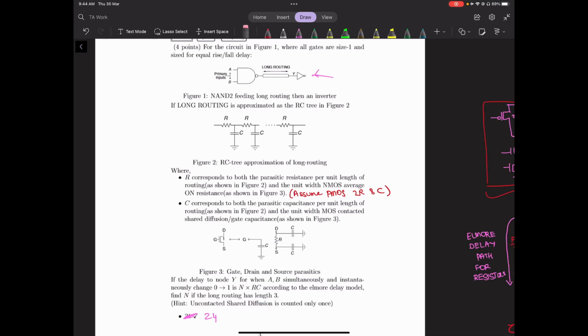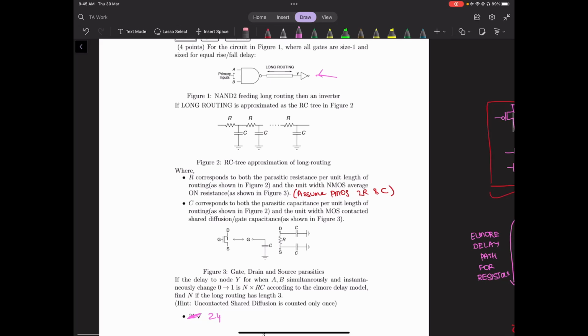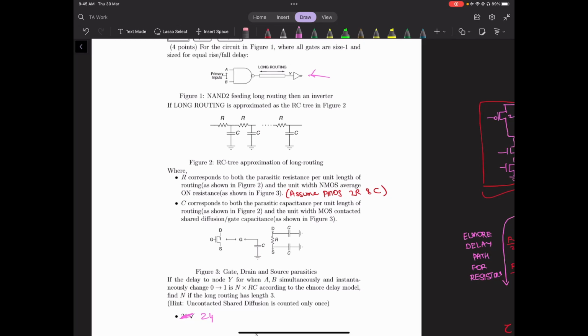This is the parasitic equivalent we've been asked to assume for the NMOS and PMOS transistors. With this we need to find the delay to the node Y, the input of the inverter, when A and B are simultaneously switched from 0 to 1.